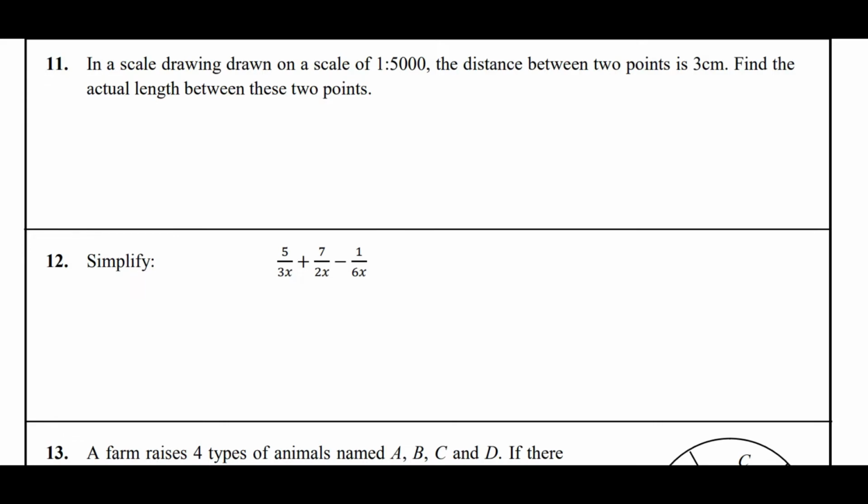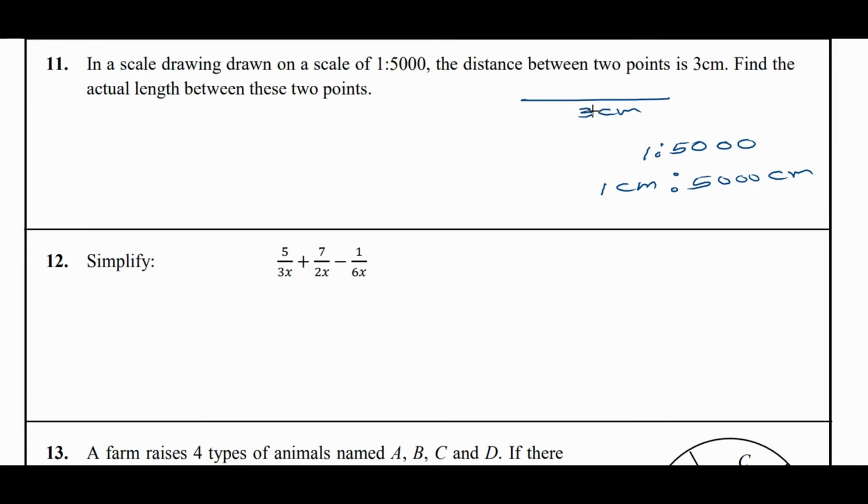Question number 11. In a scale drawing drawn on a scale of 1 to 5000, the distance between 2 points is 3 cm. Find the actual length between these 2 points. The meaning of 1 to 5000 is 1 centimeter represents 5000 centimeters in the actual length.